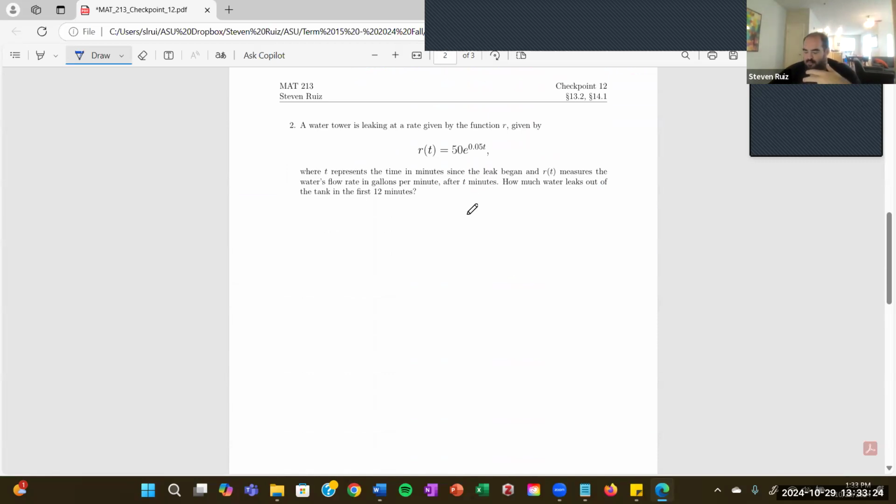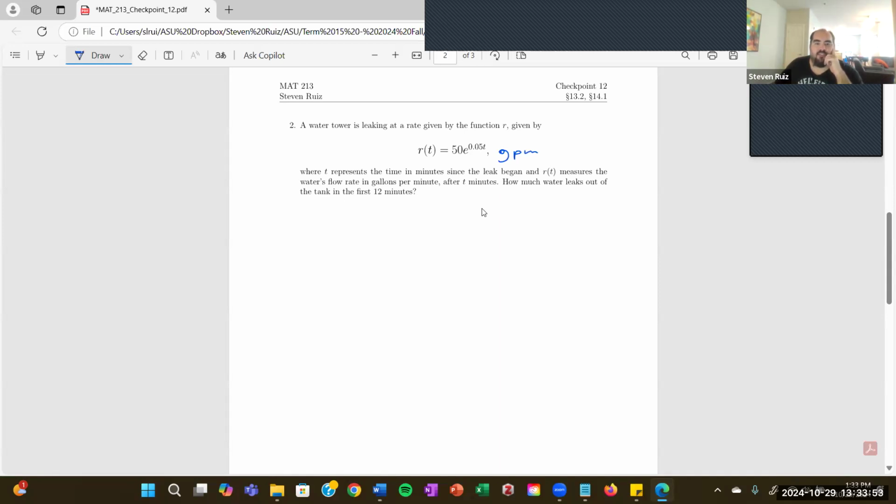So I'm given a rate at which a quantity is changing, and from there I want to integrate to get a quantity. So a water tower is leaking at a rate given by this, where t is time measured in minutes, and R of t measures the water flow in gallons per minute. So this right here is in gallons per minute.